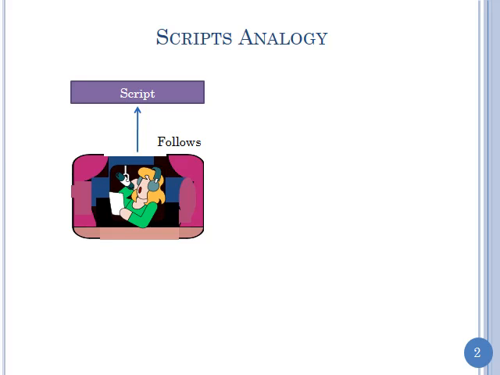Can you see how this translates into the programming world? What would the script be in the programming world? The program. And the performer would be? The computer, the CPU ultimately. In Java, it might be the interpreter at some point, but the interpreter is also run by the CPU.